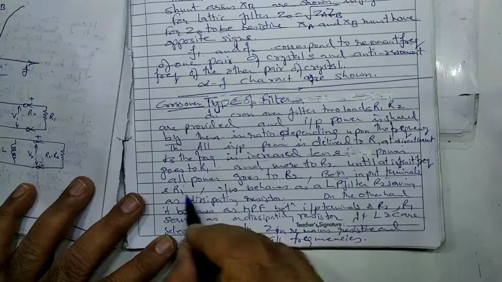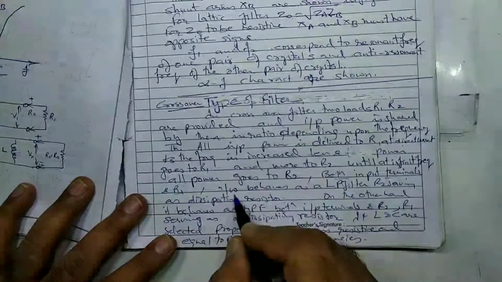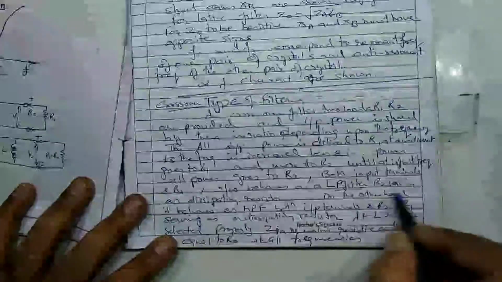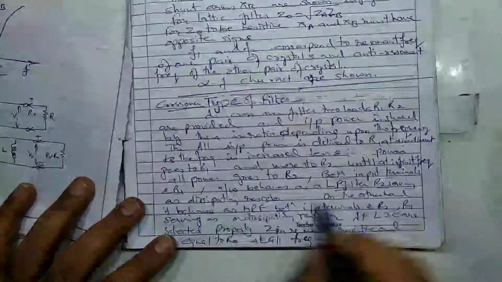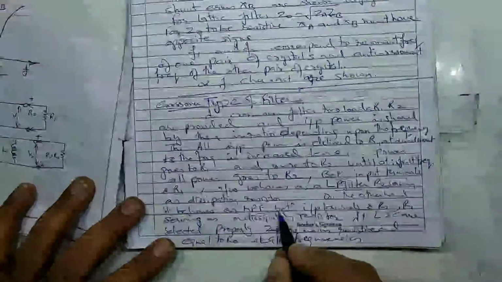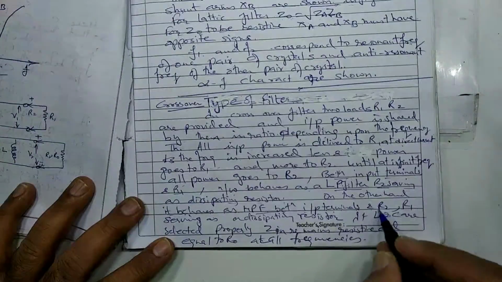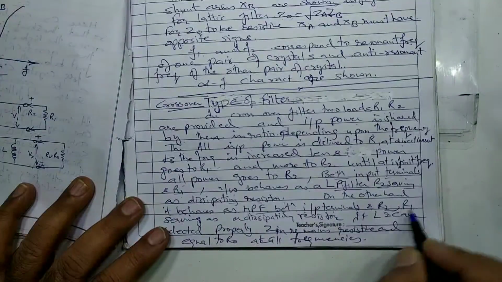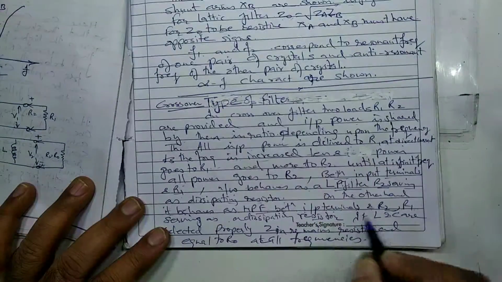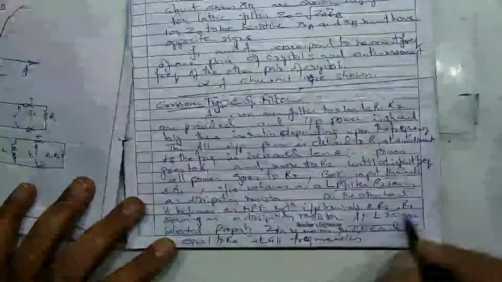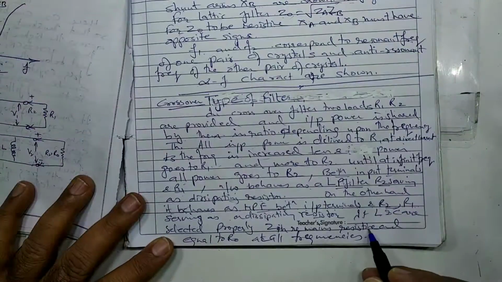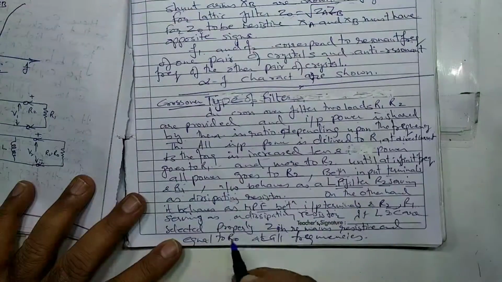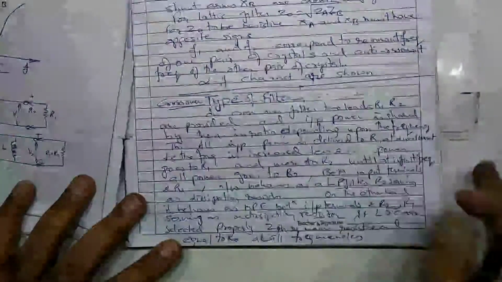Between the input terminals and R1, the network behaves as a low pass filter, R2 serving as the dissipating resistance. On the other hand, it behaves as high pass between the input terminals and R2, with R1 serving as the dissipating resistance. If L and C are selected properly, Zin remains resistive and equal to R0 at all frequencies.